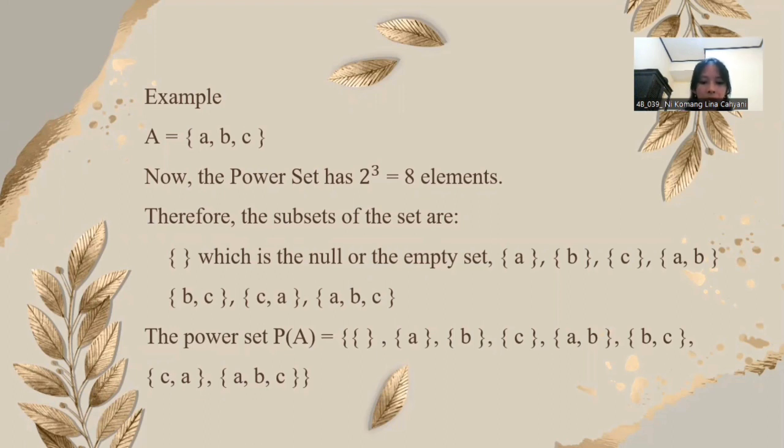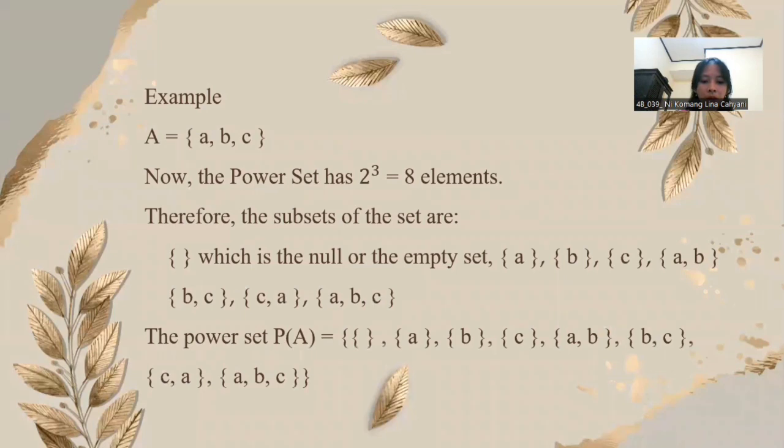So, there will be a total of 8 subsets possible, and if I try to write down all the possible subsets, they will be: first will be the null set, then we will have all the sets with one element each, they are A, B, C. Then we will have all the sets with 2 elements each, they are AB, BC, and CA. And then we will have all the sets with 3 elements each, that is ABC.